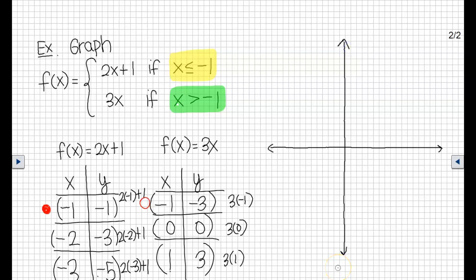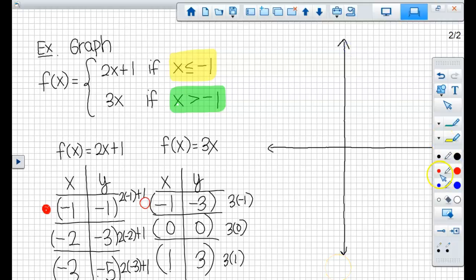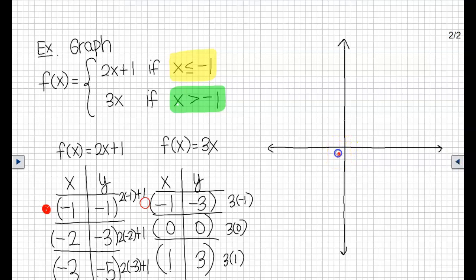Now, to kind of emphasize what we're doing here, I am going to choose to graph these in 2 different colors. So I'm going to use red for piece number 1. So I'm going to graph the point (-1, -1). So that's -1 on x, -1 on y, and I want you to notice that should be a filled-in circle because x was allowed to be equal to -1 for that function.